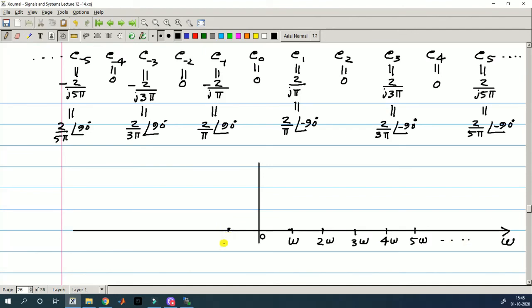On the other side, minus omega, minus 2 omega, minus 3 omega, minus 4 omega, minus 5 omega, and so on.